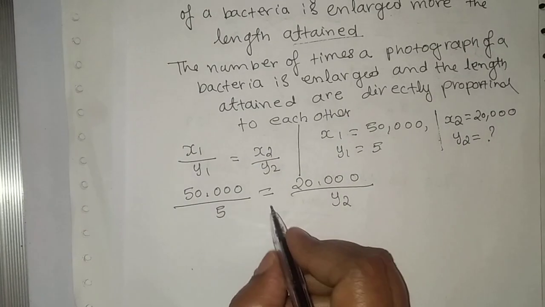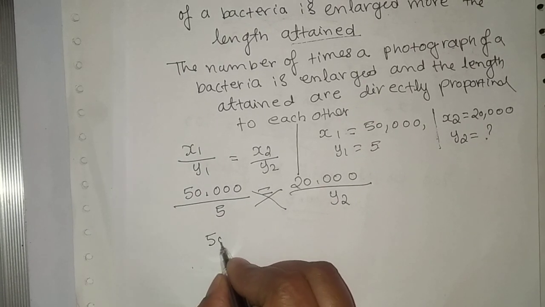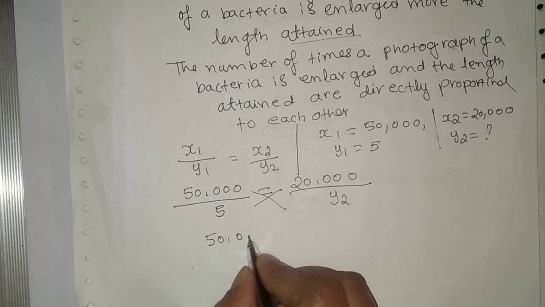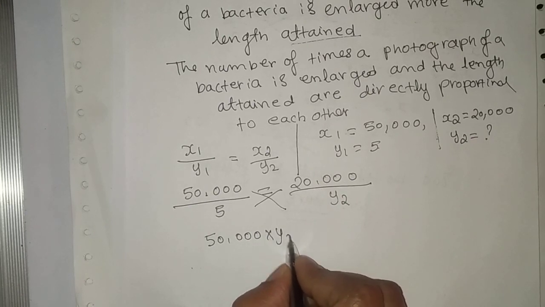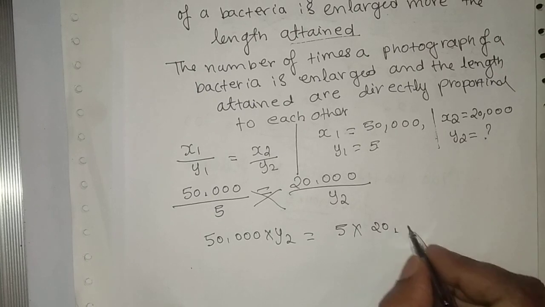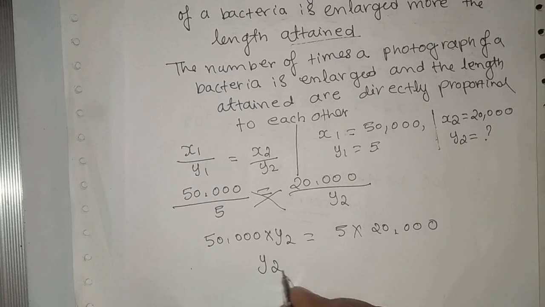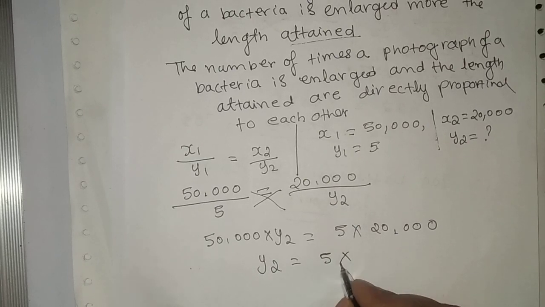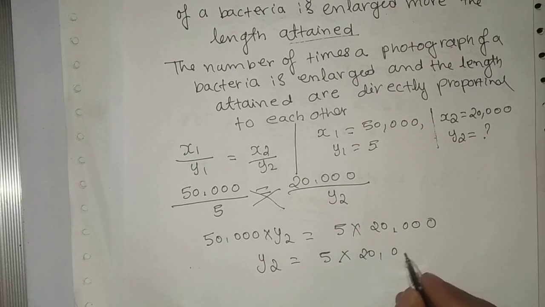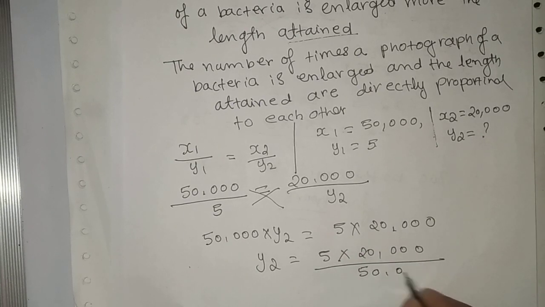So we substitute and cross multiply: 50,000 into y2 is equal to 5 into 20,000. So y2 is equal to 5 into 20,000 by 50,000.